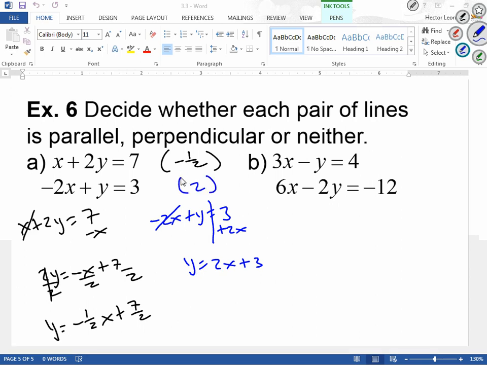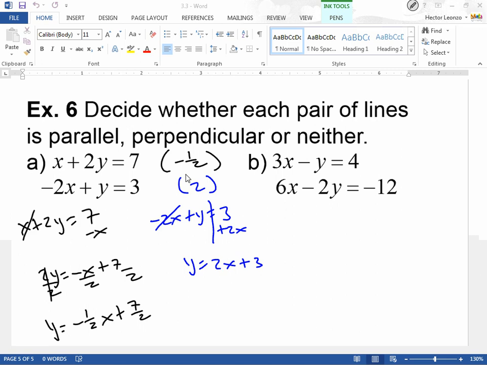Now, if the slopes were the same number, both cases the same number, I will call my lines parallel. For them to be perpendicular, there are two things they have to do. One, different signs, which I see a negative and a positive.